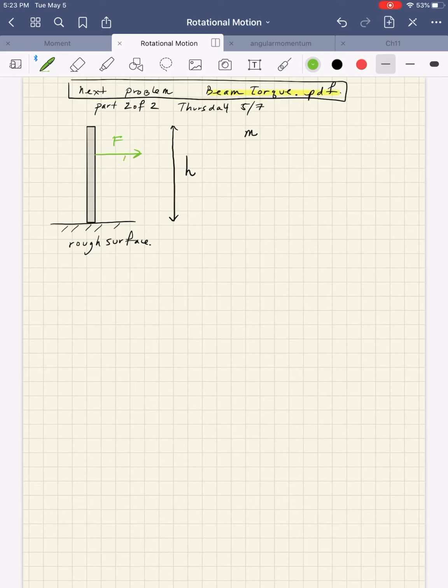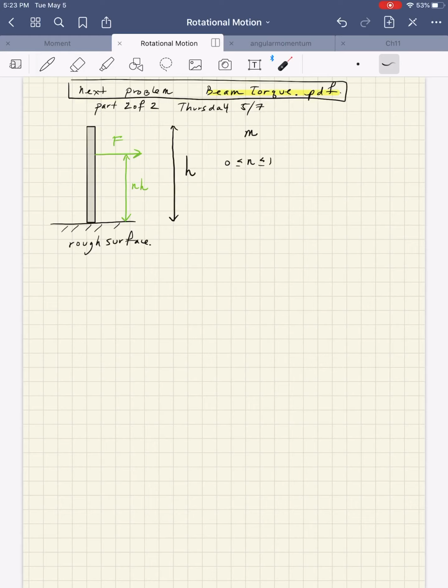And that force, for now, is going to be pulling to the right at a height of n times h. And so n is allowed to be between 0 and 1. Of course, 0 meaning you're pulling on it right here at the bottom, and 1 meaning you're pulling it right at the top, at h.